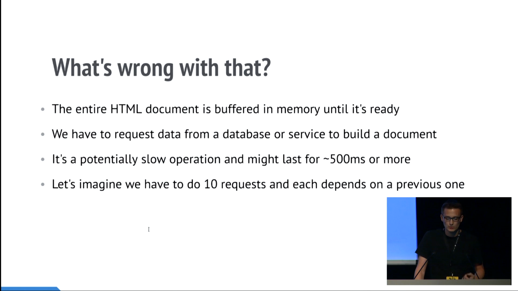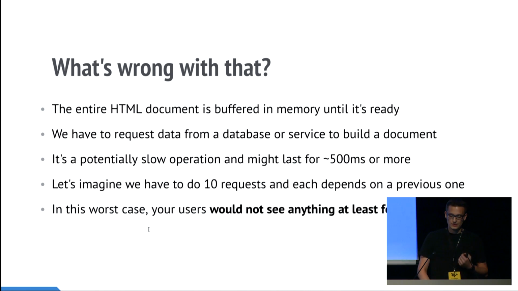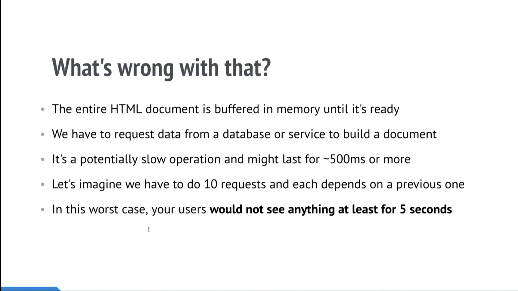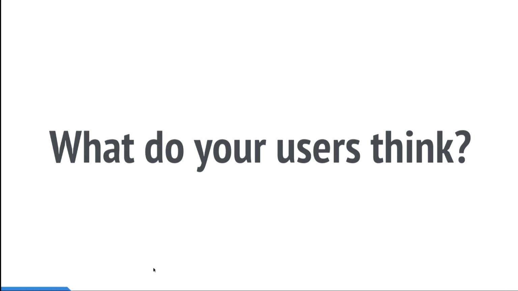Let's imagine that we have up to 10 requests for data, and each of them depends on the previous one. In this worst case, your users would not see anything for 5 seconds. And that's really scary. Let's ask our users what they think about that.